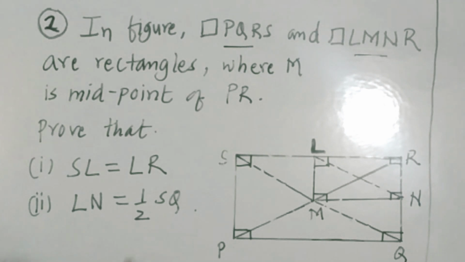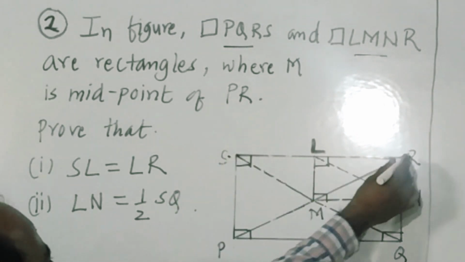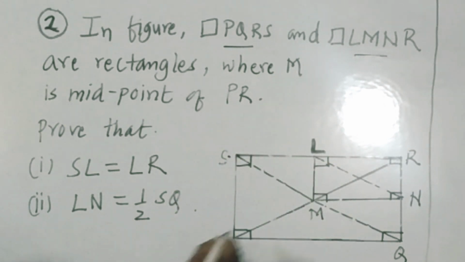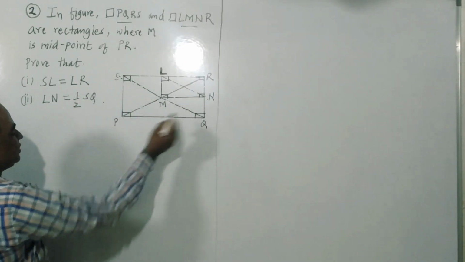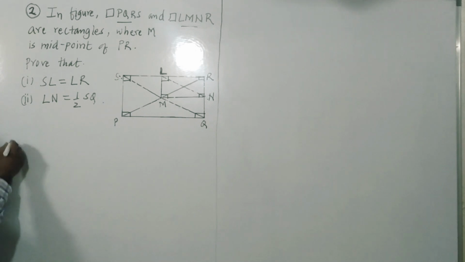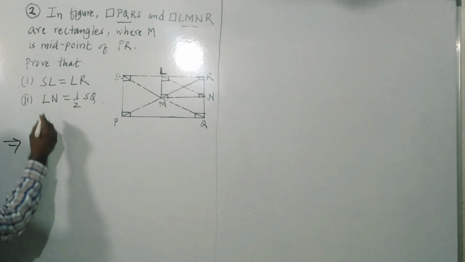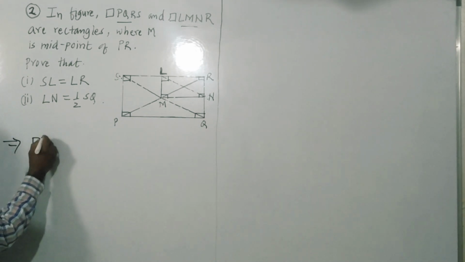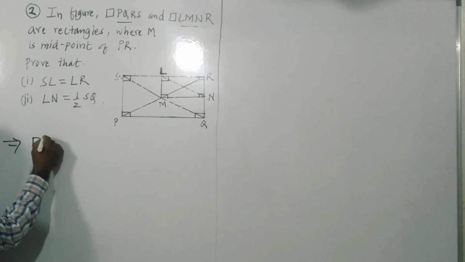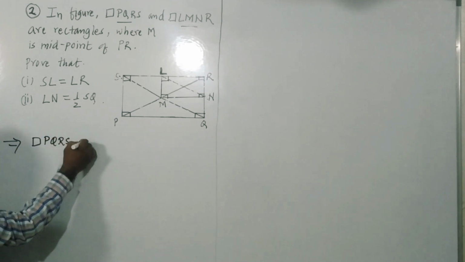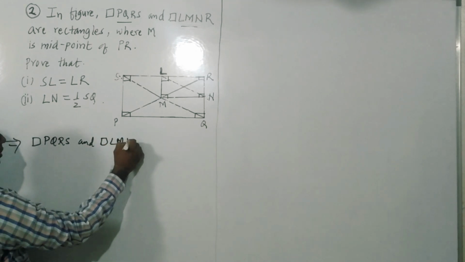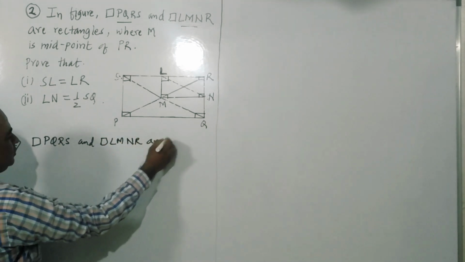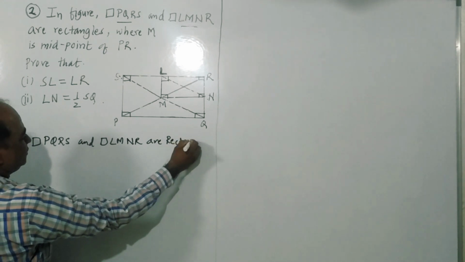You have to prove that SL is half of LR and LN is equal to 1 upon 2 SQ. Now, here it is given that quadrilaterals PQRS and LMNR are rectangles.